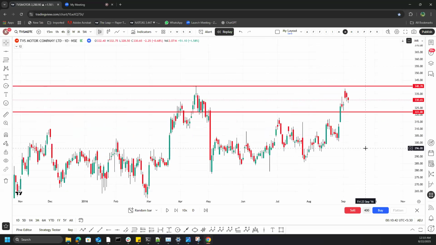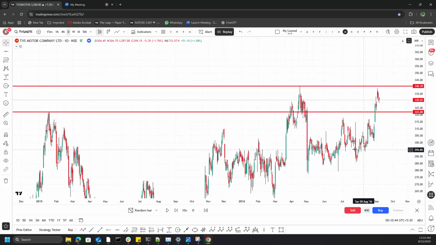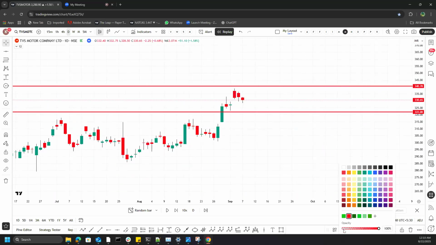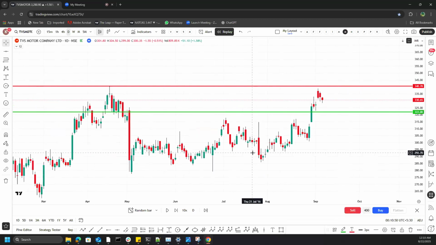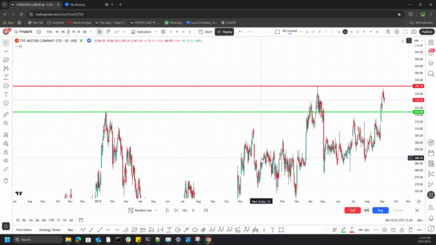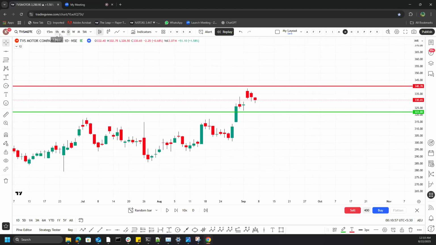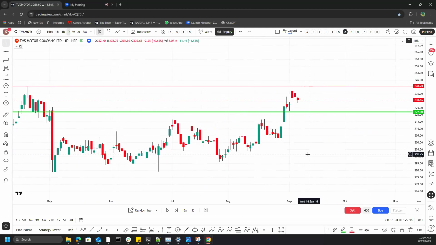And let me also mark my supports as well. Yeah, since this level has been broken out, I'll want to keep it as a support in daily time frame. Yeah, so where is my next support?